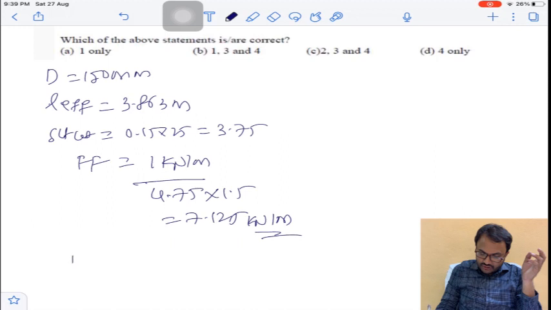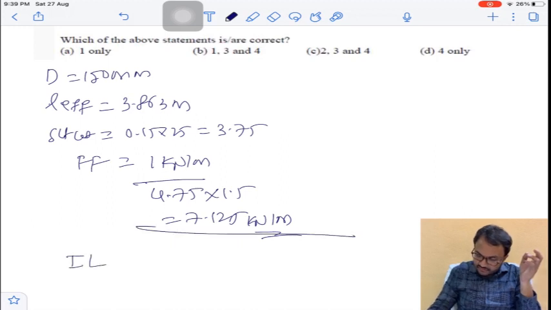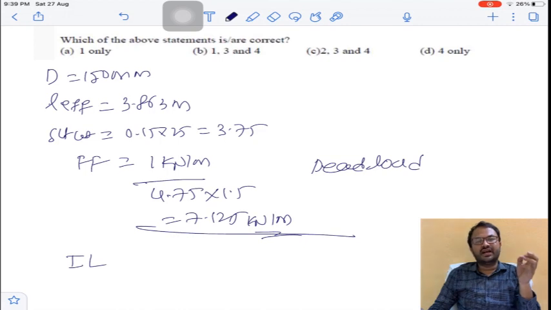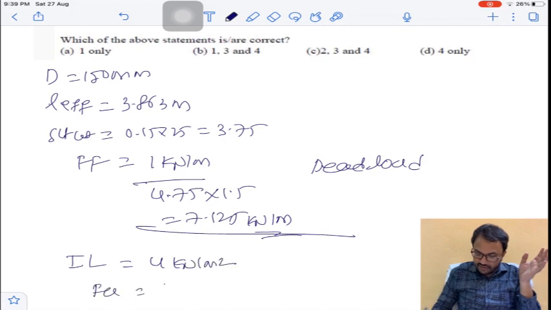And imposed load, this is all dead load. So we need to get coefficients for dead load as well as live load. Now imposed load is a live load, 4 kilonewton per meter square, and factored load will become 4 into 1.5, it will be 6 kilonewton per meter.